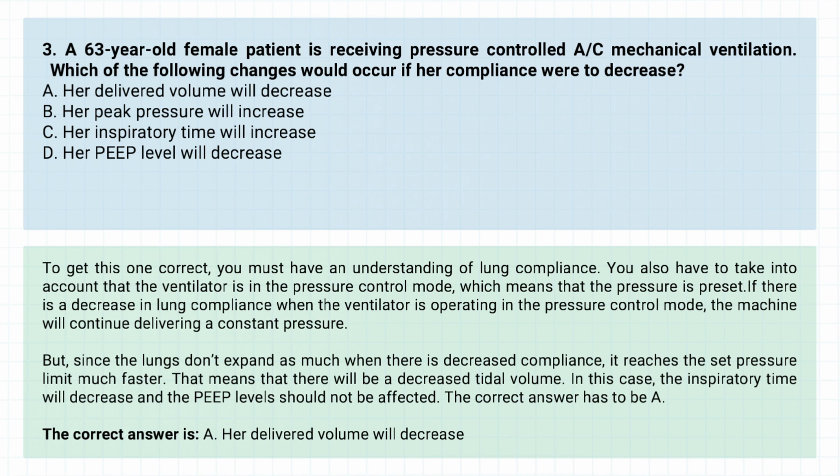But, since the lungs don't expand as much when there is decreased compliance, it reaches the set pressure limit much faster. That means that there will be a decreased tidal volume. In this case, the inspiratory time will decrease and the PEEP levels should not be affected. So the correct answer has to be A. Her delivered volume will decrease.